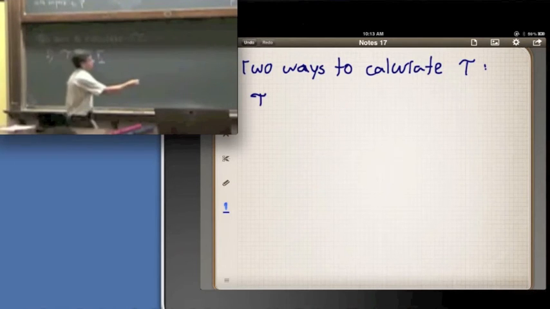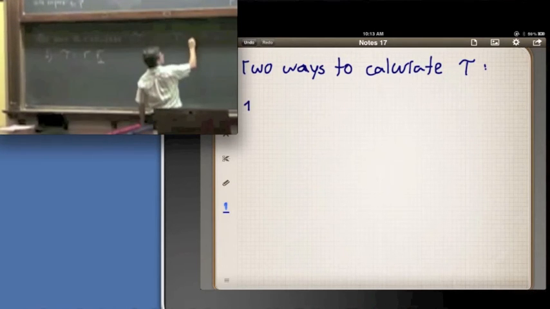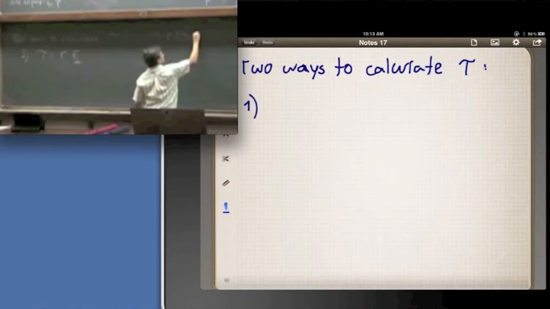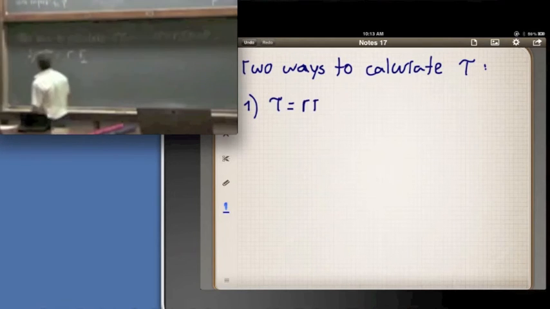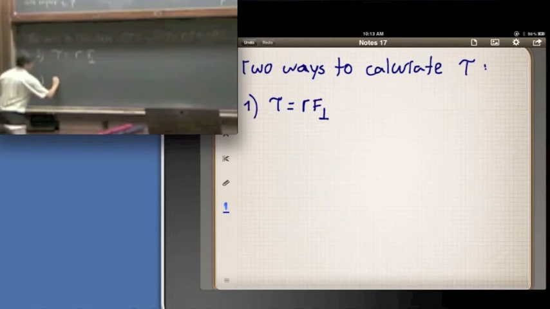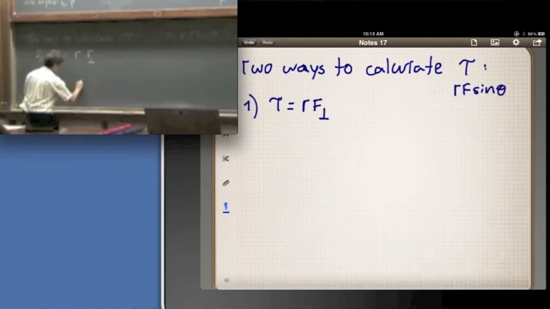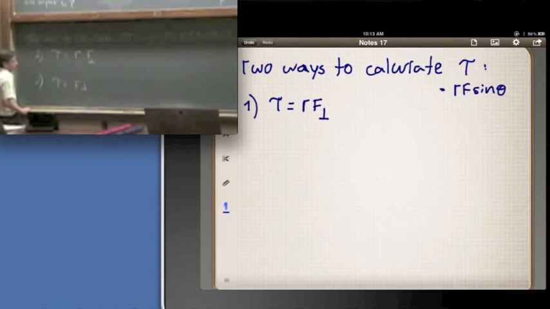Of course, the basic equation is the same. It's just R F sine theta. But the other way, which might be faster, is F times d, the moment arm, right?